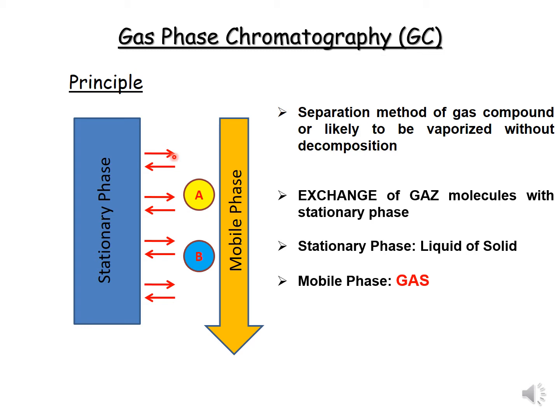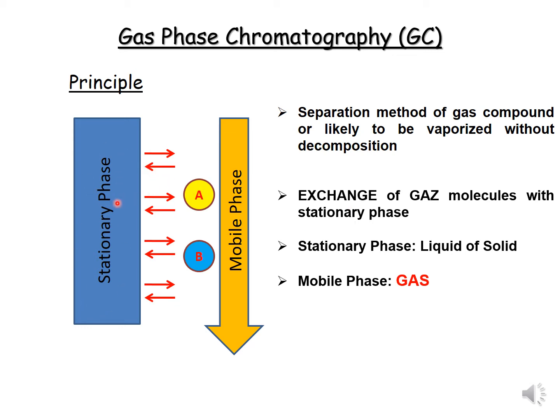The principle is based on exchange of gas molecules. Be careful, this is only gas molecules. There is no separation of liquid molecules in gas chromatography. So this is based on exchange of gas molecules with the stationary phase.